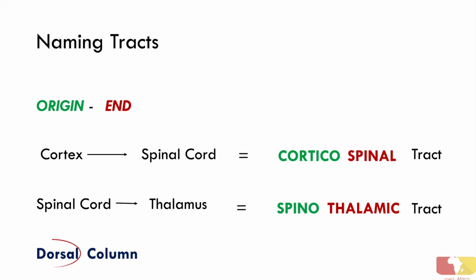So dorsal refers to something that's at the back or something that's posterior. And column, in this session, we've been using that word interchangeably with tracts or a bundle. So a dorsal column would therefore be a posterior tract or a tract that we find at the back of the spinal cord.